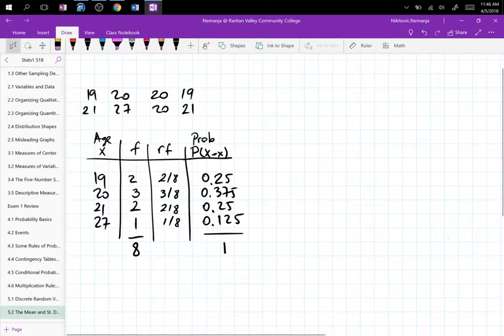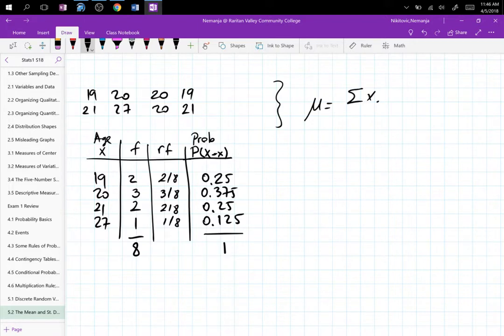And now I would like to find the mean of all of this. Now we can find the mean, if you remember, this is our population. I can find the mean by simply adding all the ages, so the sum of xi, and divide that by n.